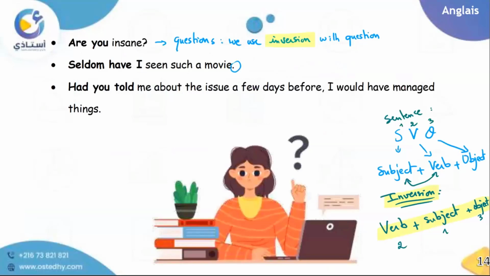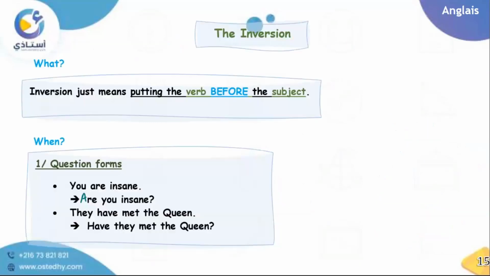What changes its place sometimes is the verb and the subject. So the verb comes before the subject, it comes first, in the place of number 1, and the subject comes after it, in number 2. So verb plus subject plus object.